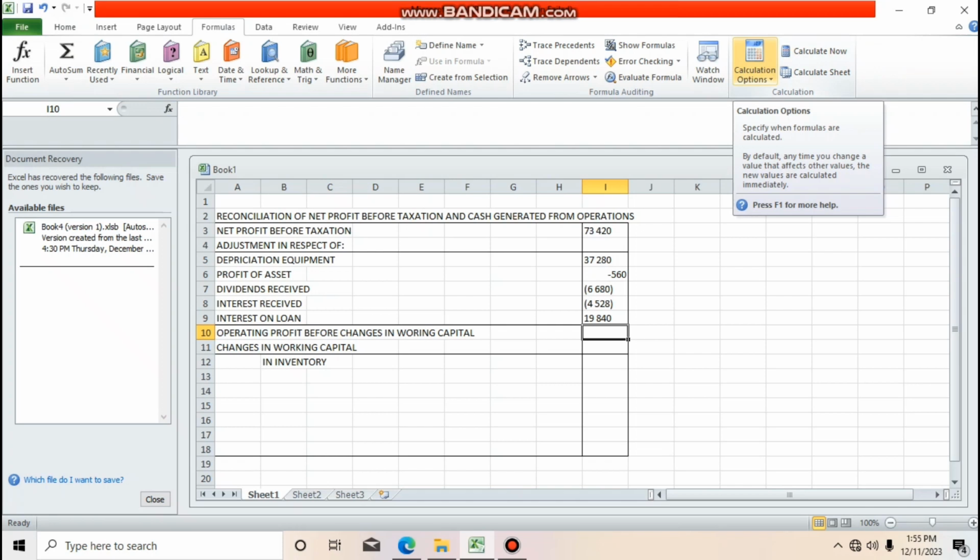So together we can see 73,000, the net profit amount. Then we can add the depreciation amount. Then we can less the profit before taxation amount. Then we can also less the interest received.